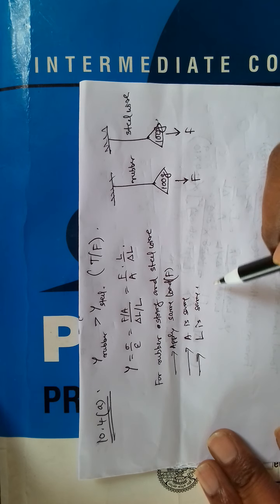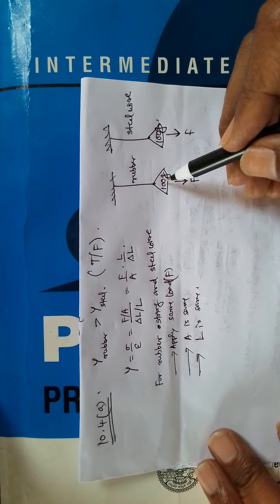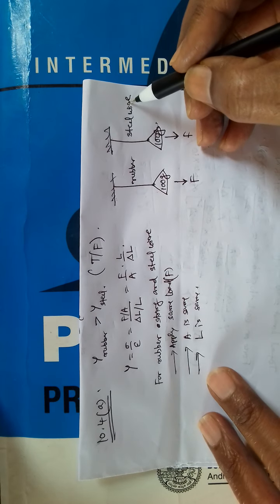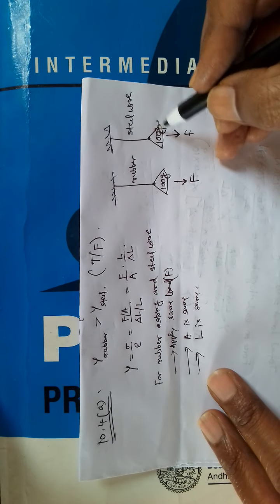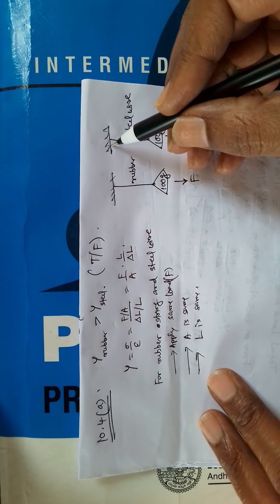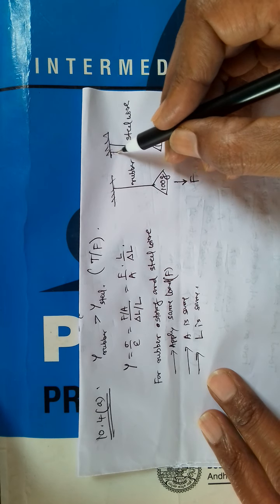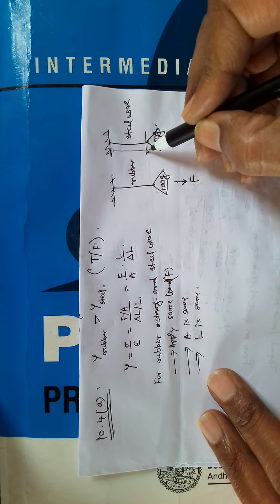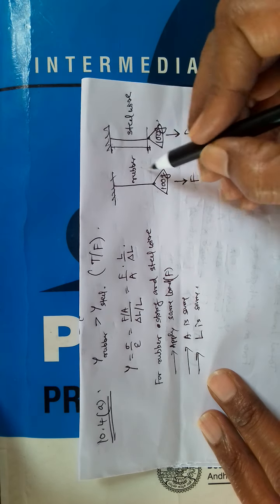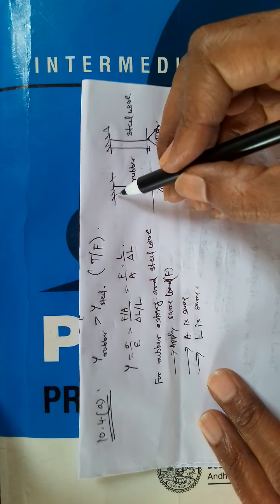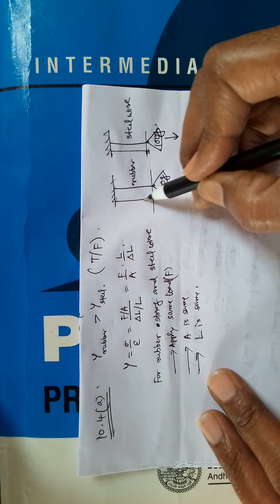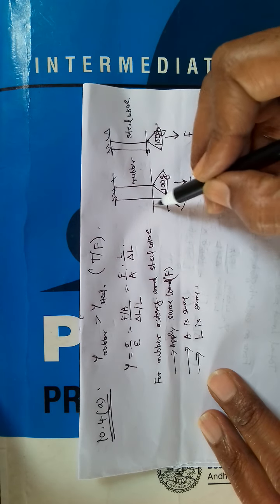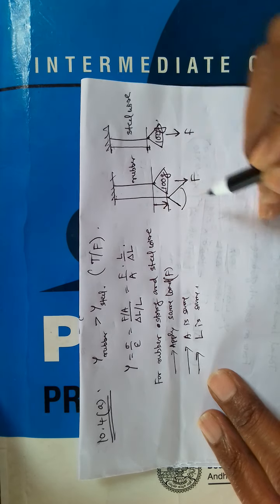Now, in case of steel wire, if you put just 100 grams, the increase in length is very small. Only up to here it may be very small. But in case of rubber, see, it stretches by this much. So this much extension will be there.